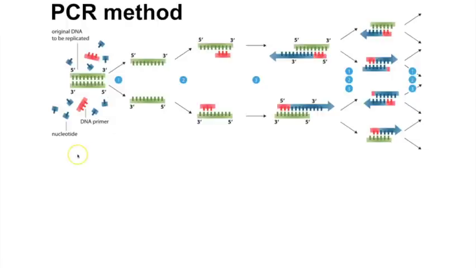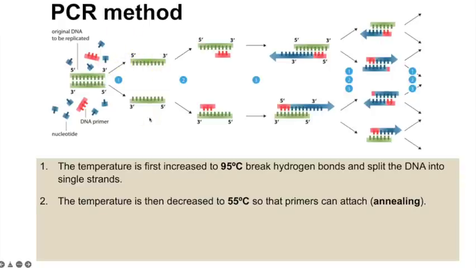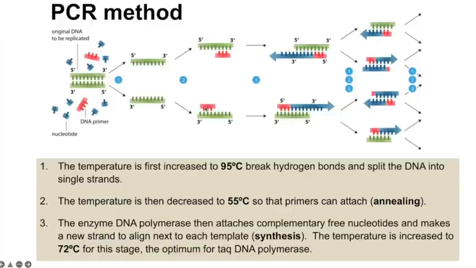So here's our method. The first step is the temperature is increased to 95 degrees C, and what that does is it breaks the hydrogen bonds between the DNA fragment that you added. So we now have single-stranded DNA molecules. The temperature is then decreased to 55 degrees C, and that is to allow these primers to attach, and we call that annealing.